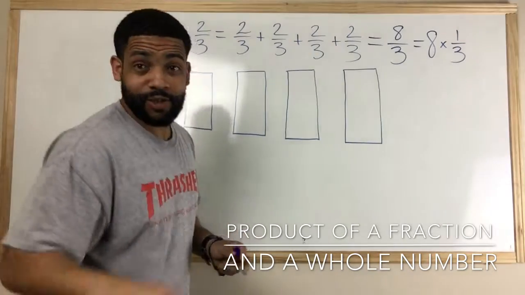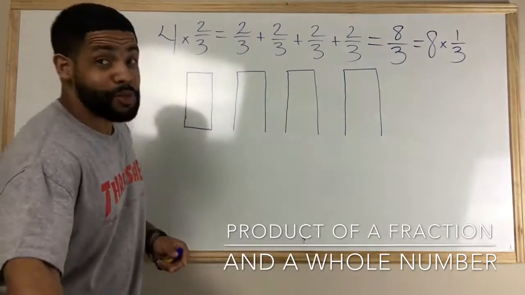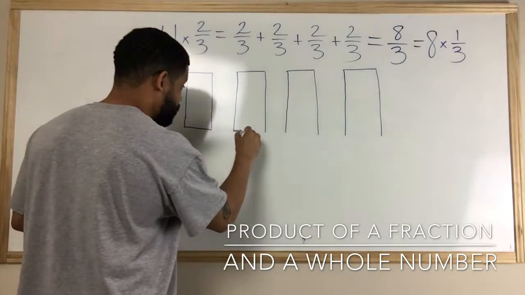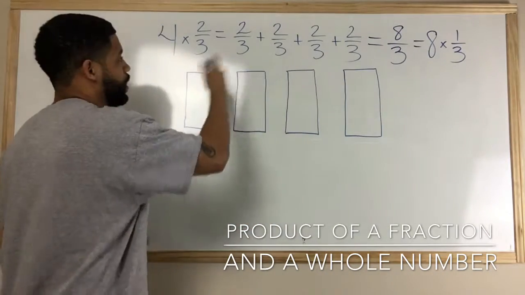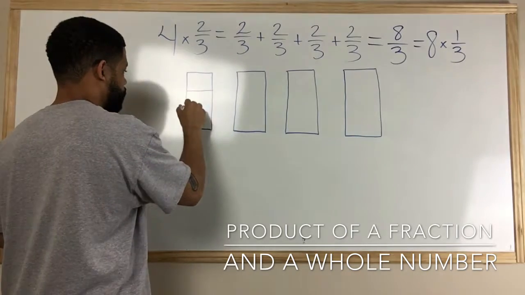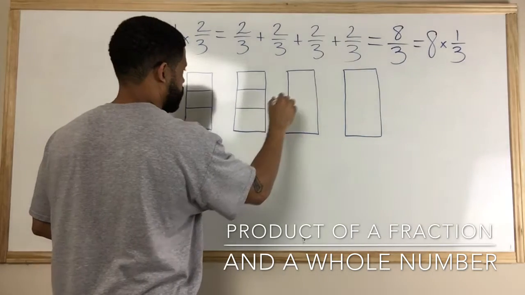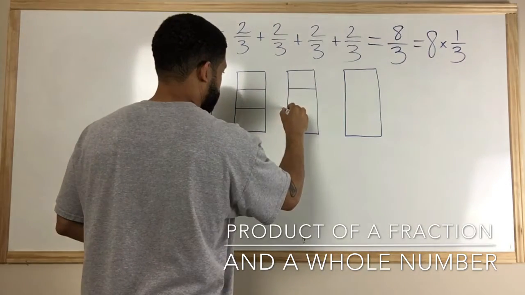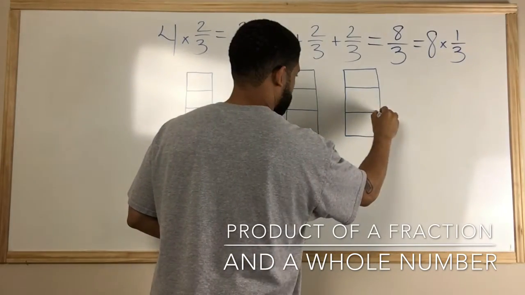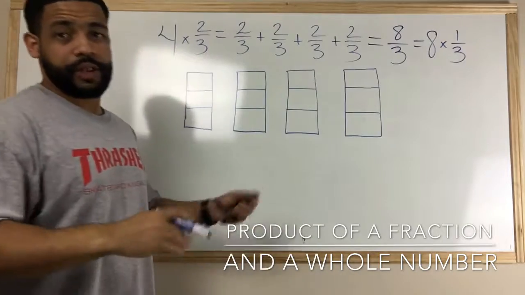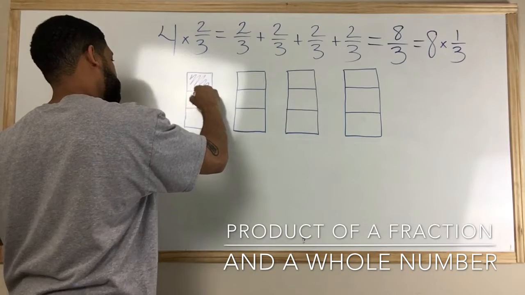And I know that they're not, so I'm going to erase the bottom right there so I can make them look as close to the same size as possible. All right, so thirds. This is kind of wide, but we're going to pretend these are all thirds. So 2/3, okay? So let's shade in 2 of them.